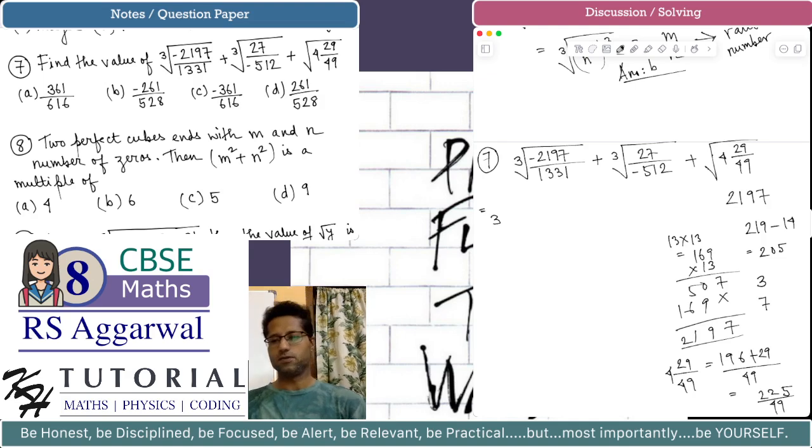So 225 is a perfect square and 49 is also a perfect square. So now we can proceed.